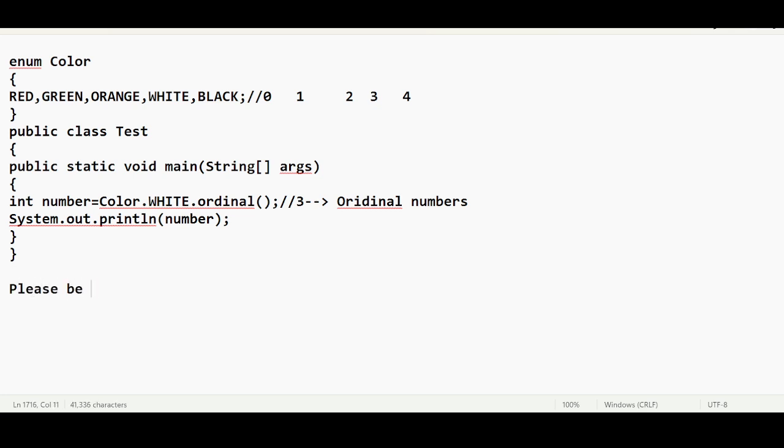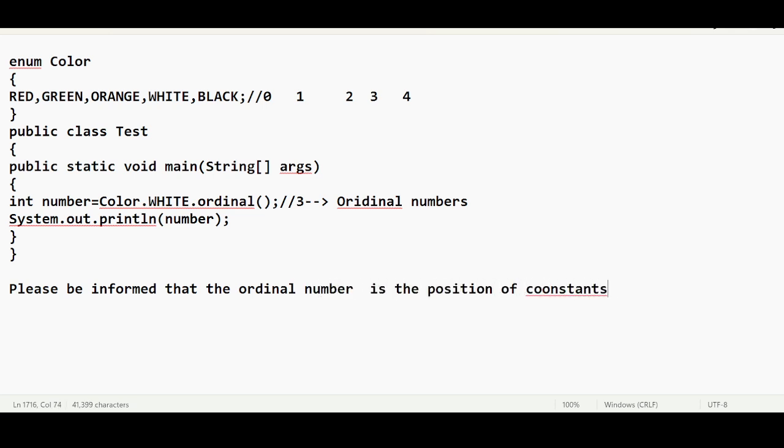So please be informed that the ordinal number is the position of the constant in the enum declaration.